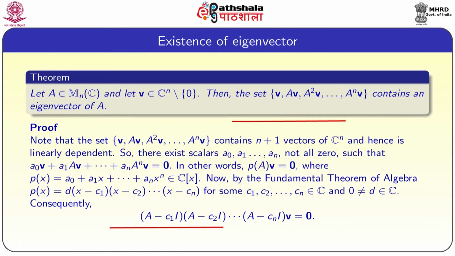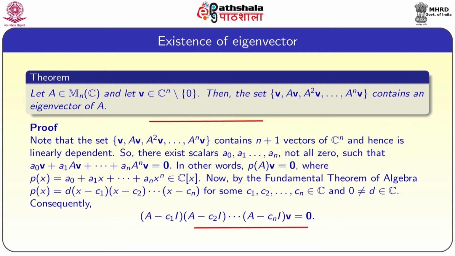In other words, P of A into V equals 0, where P of x equals a0 plus a1 x plus and so on an into x power n, which belongs to C of x. Here C of x means the set of all polynomials in x with coefficients from complex numbers. So, P of x is a polynomial with complex coefficients.